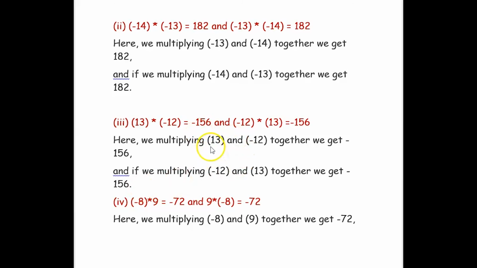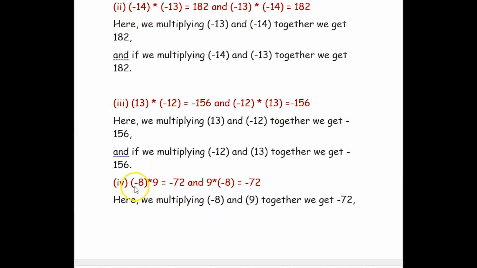Similarly, if you multiply positive 13 and negative 12, same, one positive integer and one negative integer, multiply the numbers 13 and 12, you will get 156. We have to put the negative sign in the front, so it is negative 156. Again we have the same answer. So we can conclude that A into B equal to B into A.